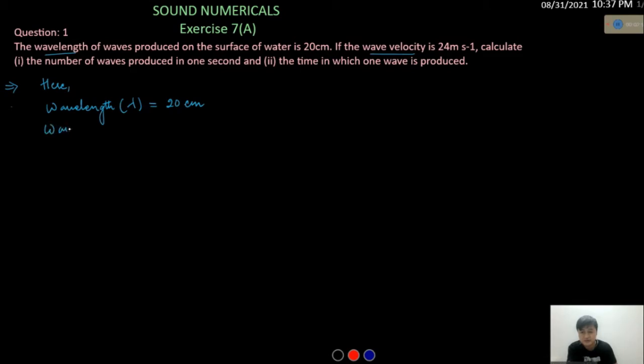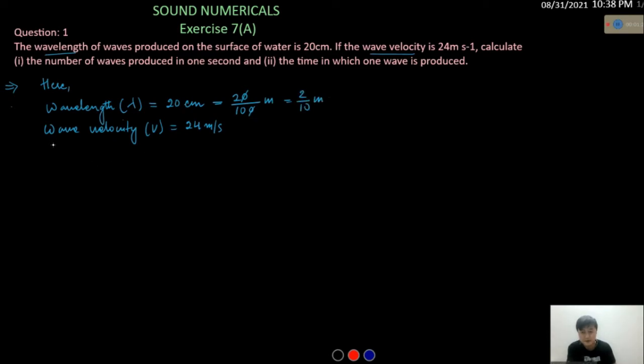Wave velocity, that is v, is equal to 24 meter per second. So we have to first make the units similar. This is in meter per second, so we'll change this also to meter. 20 divided by, deci centi, so this will become 2 by 10 meter.